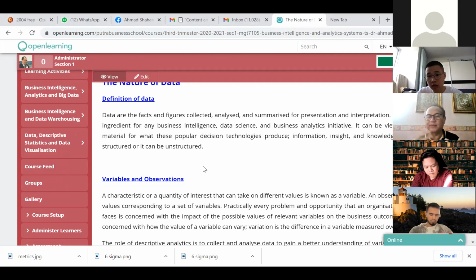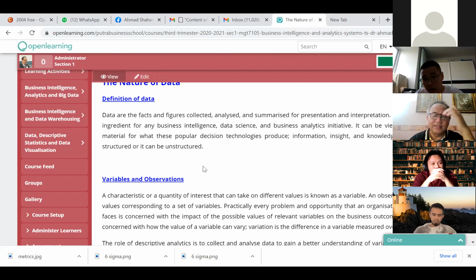A set of values corresponding to a set of variables is called an observation. So you have variables, values in those variables, and then observations, the corresponding set of values in the variables.